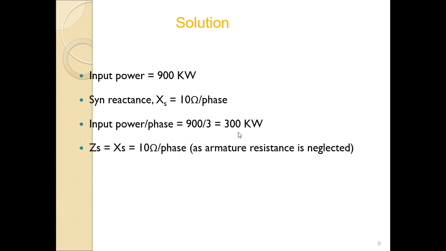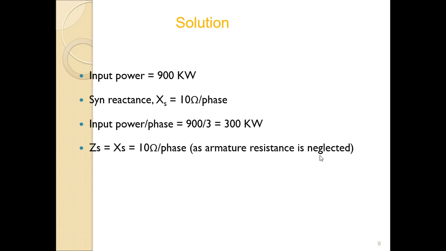And the reactance is given. Here the armature resistance is not given, so we have to assume the armature resistance is neglected. You can do the problems in two ways. One is you neglect it and assume the armature resistance RA as 0 ohms, and the next is you assume the armature resistance as 0.1 ohm and do the problem.